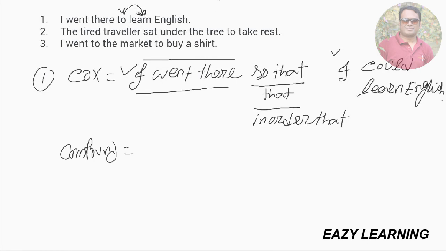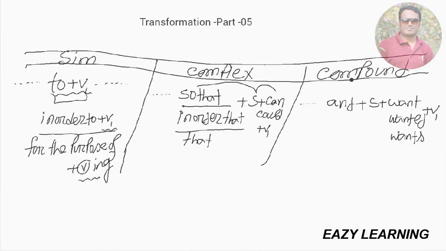If I want to change a compound sentence, I have to follow this structure. So dear students, in the middle part I have to write and, then subject, then want, wanted, wants. If your principal clause is present tense, you can write want or wants according to the subject.